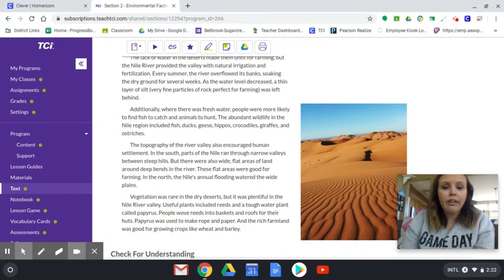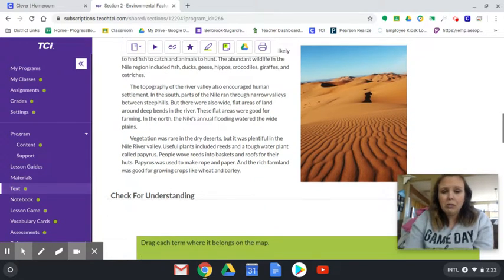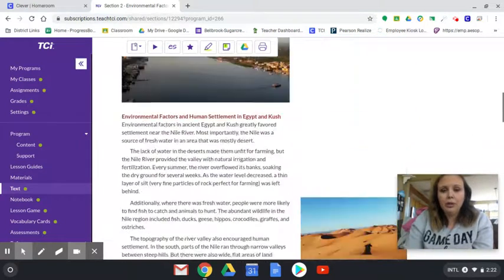You have very rare vegetation in the deserts. Remember, the topography is the shape of the land. Where you had flatter areas by a river, that was much better for people for farming purposes, so most likely people lived in that area. That's section two.